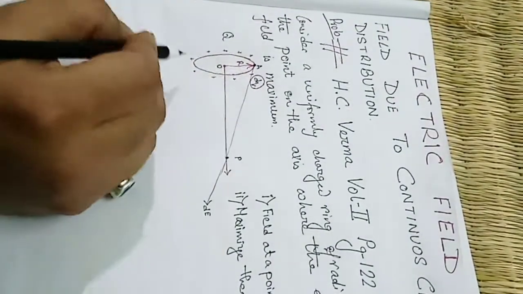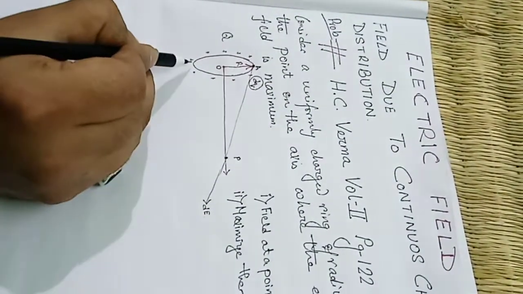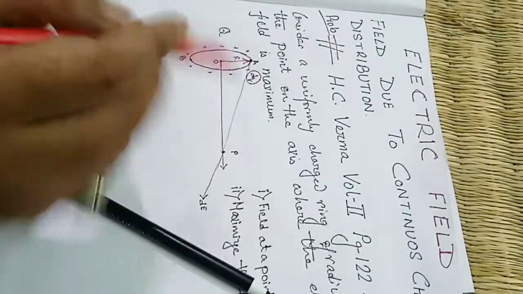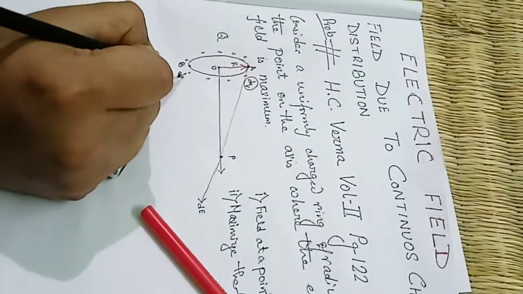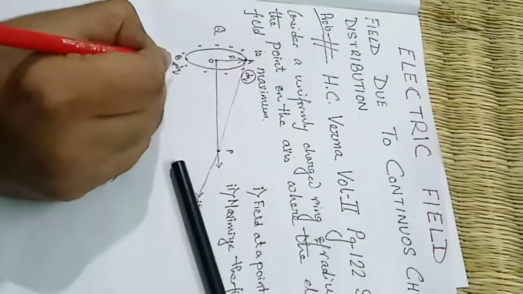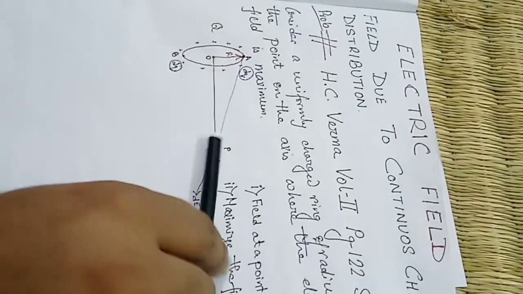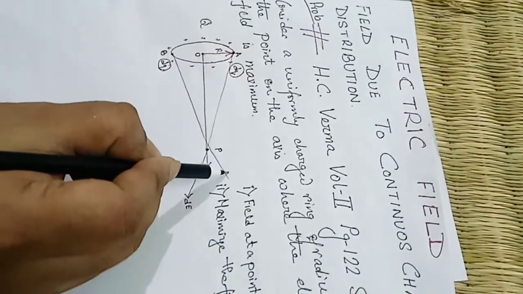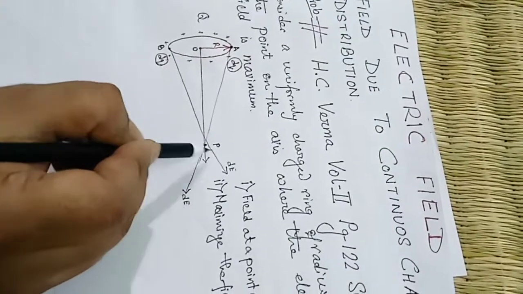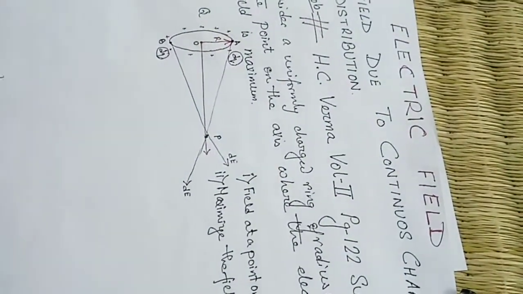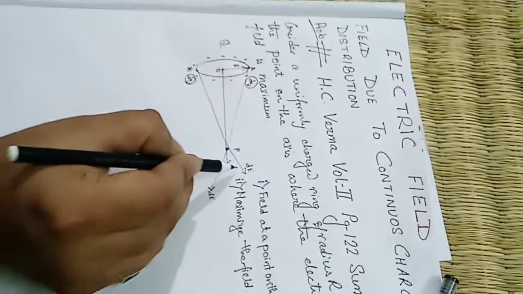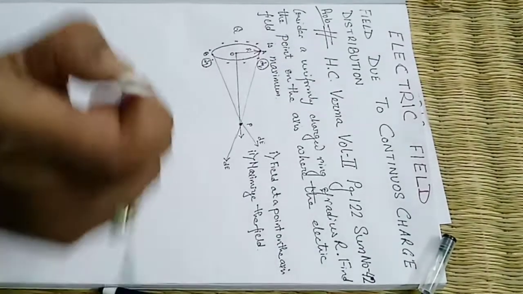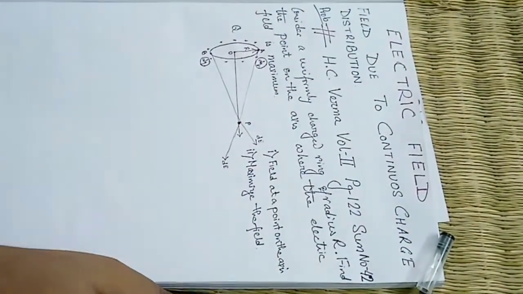Right? This A will have a diametrically opposite point B, which may also have an equal charge dq on it. This dq will also create an equal field of value dE at P. Now this dE will be having two components, the vertical component and the horizontal component.